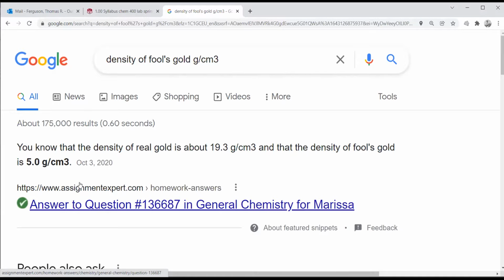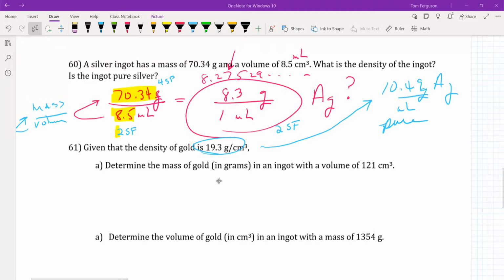Versus 19. So you can see there's a big difference. So gold is going to be approximately 4 times heavier than fool's gold for the same volume. Does that make sense in terms of how they would determine the purity of gold during the gold rush days in the mountains here?